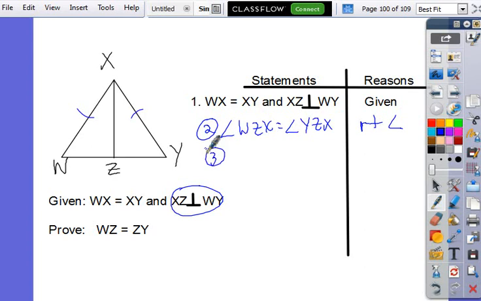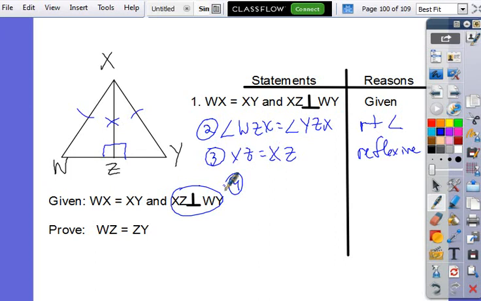What else do I need to say the same? The middle, X and Z. XZ equals XZ. That's reflexive. Now what?